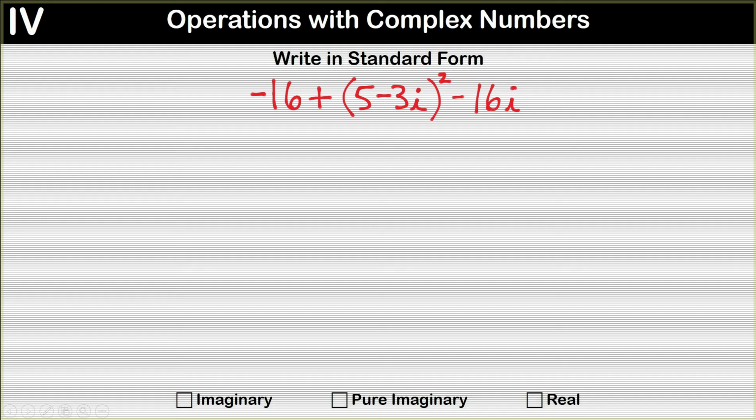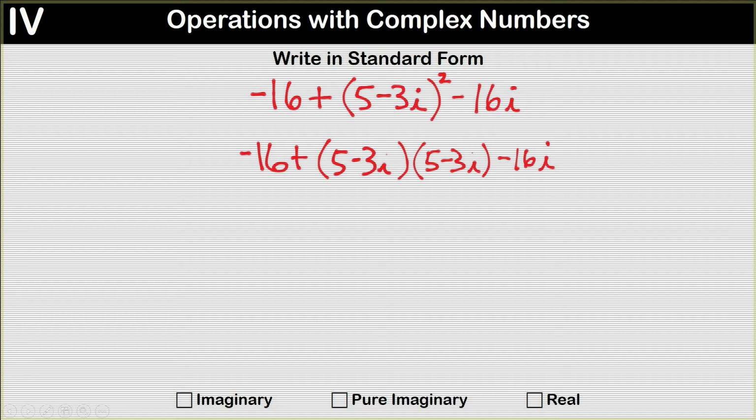We have a binomial squared, so I'm going to rewrite the problem so that it looks like this. Negative 16 plus 5 minus 3i times 5 minus 3i minus 16i. Now we're going to have to take those two binomials and square them by using FOIL.